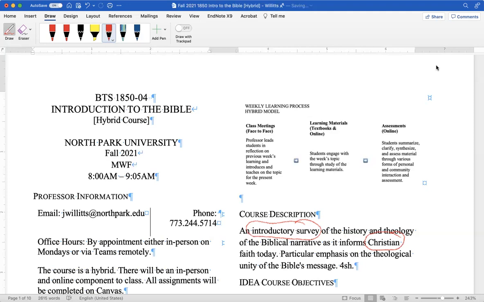We approach the Bible at North Park with what you might call a hermeneutic of trust. By that, I mean, we give the Bible the benefit of the doubt. We come to the Bible with an open mind and a willing heart. And we ask God to speak through his word to us personally.